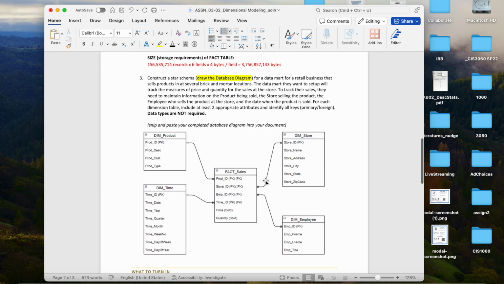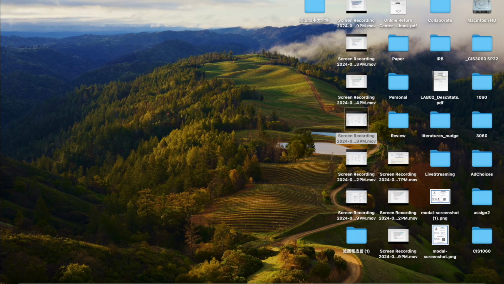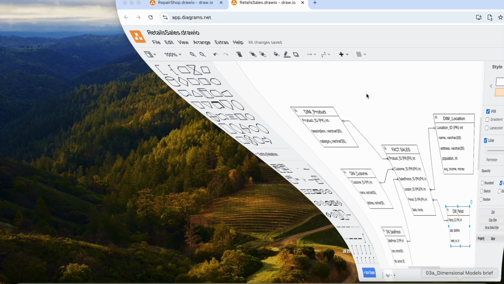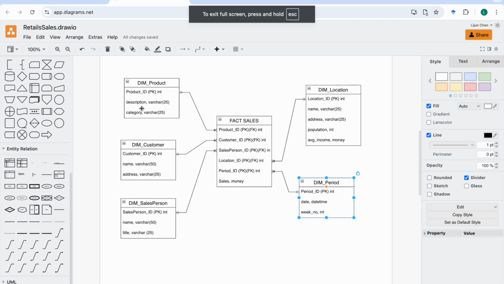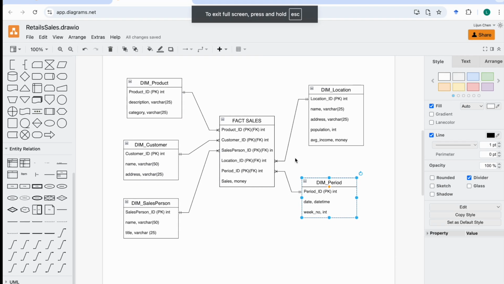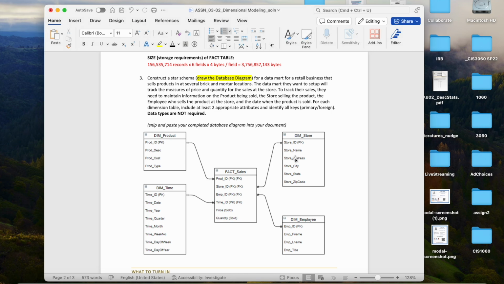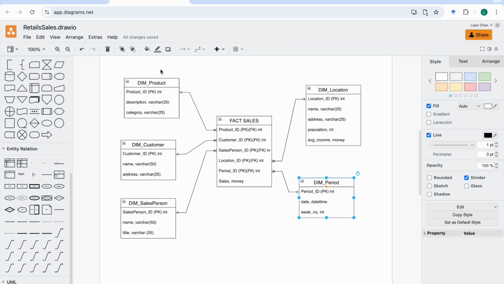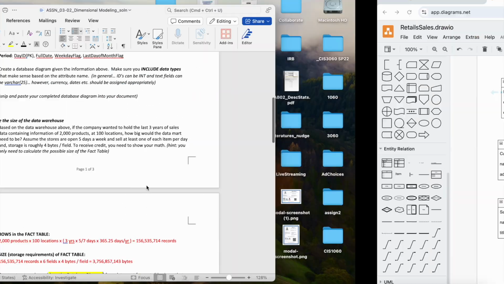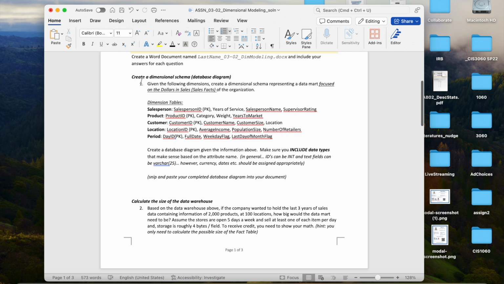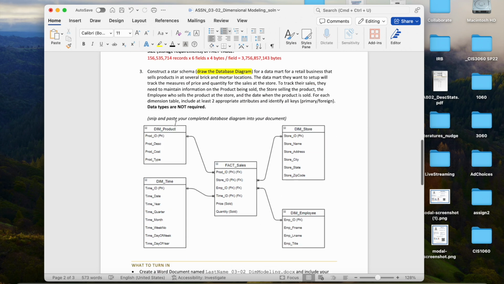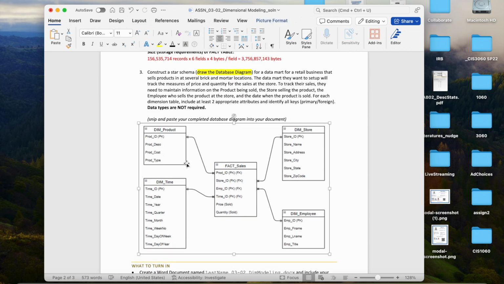I won't teach you how to draw it because, remember, it's almost the same as what we did in question 2 in the lab, right? They're quite similar, a little bit different because we name them differently and also have different attributes. Just make minor changes to the tables, then follow what you have in this dimension table and paste it here, then you're all set.